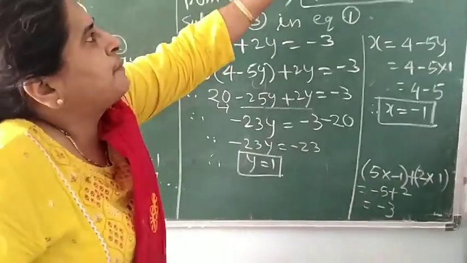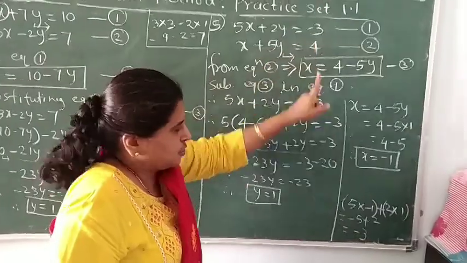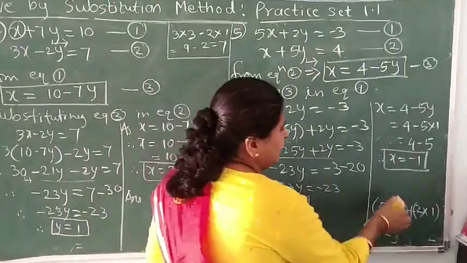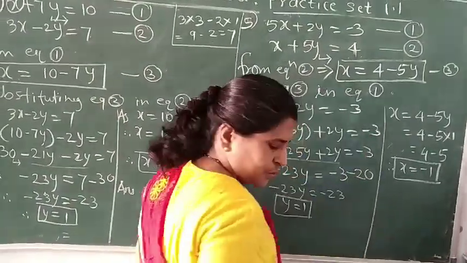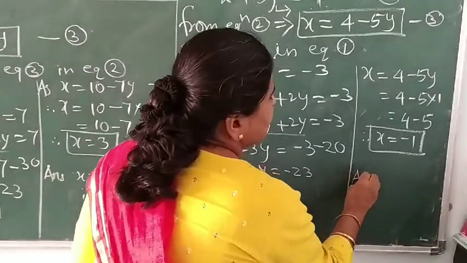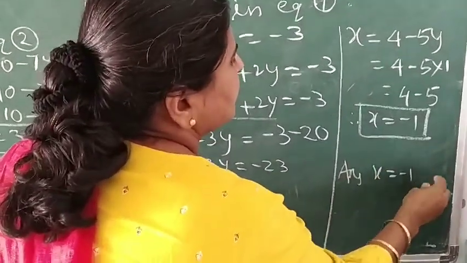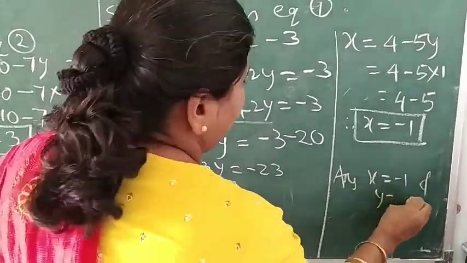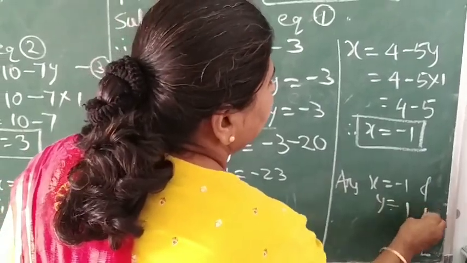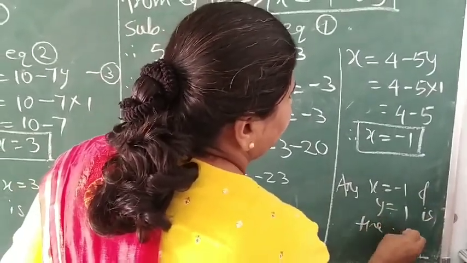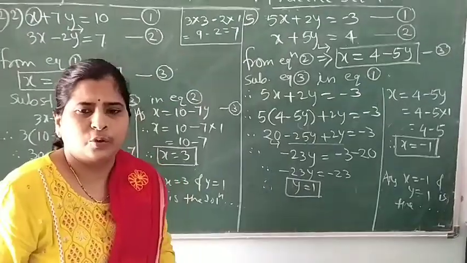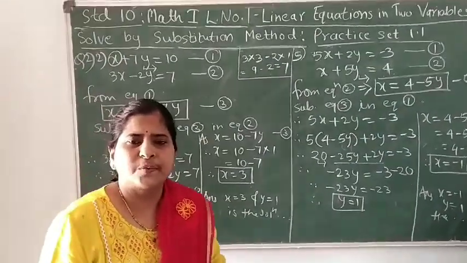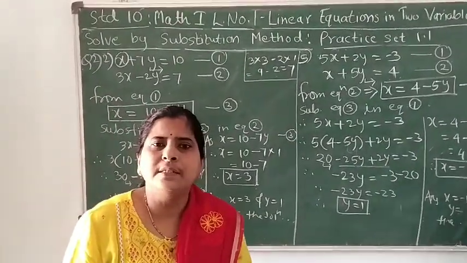Is the right side minus 3? Yes. So your answer is verified. Now you can write the answer as a solution here. x is equal to minus 1 and y is equal to 1 is the solution of your given simultaneous equations. So my dear students, the substitution method is also easier.